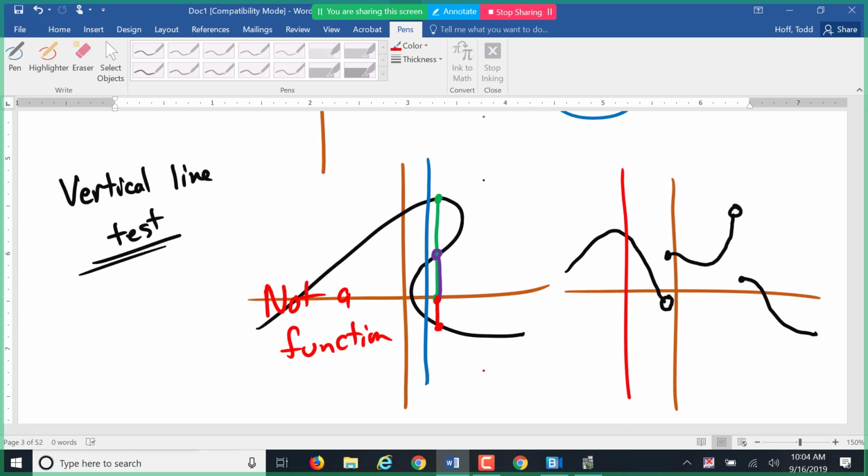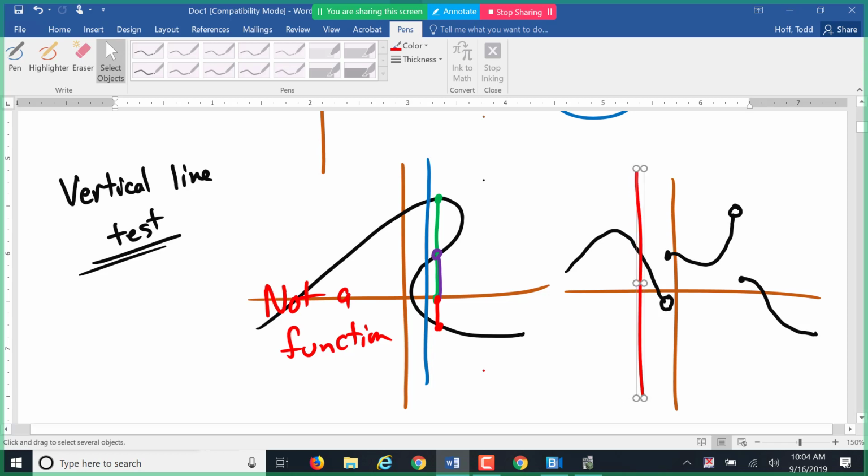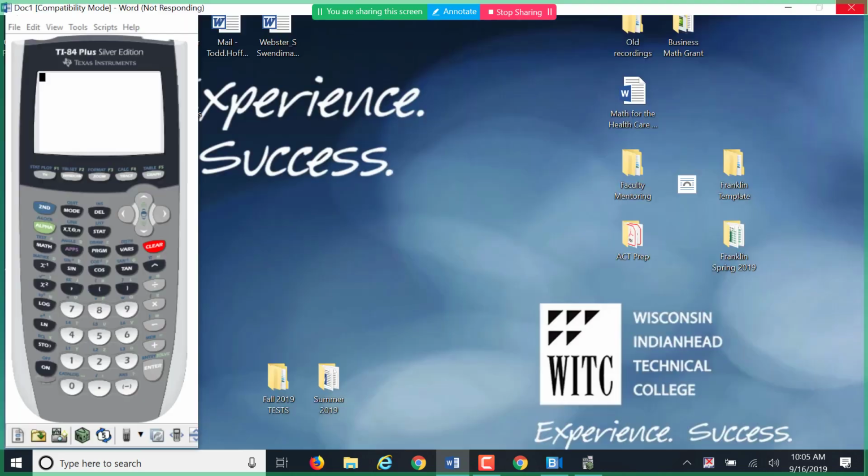Okay, let's try this. So if I take that line and I slide it back and forth across my graph, I see that it only crosses it in one spot there. This spot calls into question, but remember that open circle there, that open end of the curve. The curve goes up to that point but does not include it. So it technically does not overlap at that point.